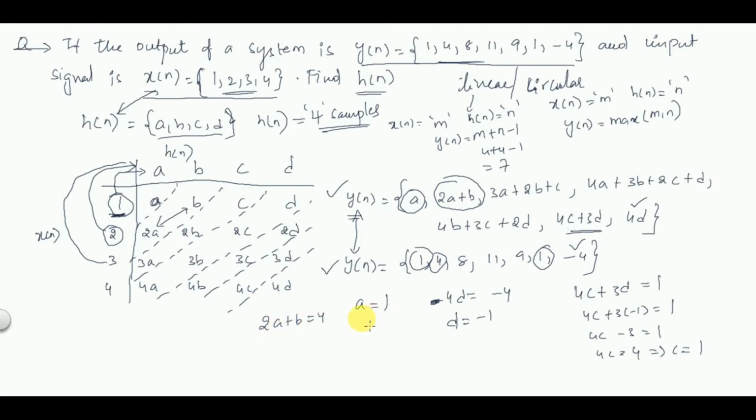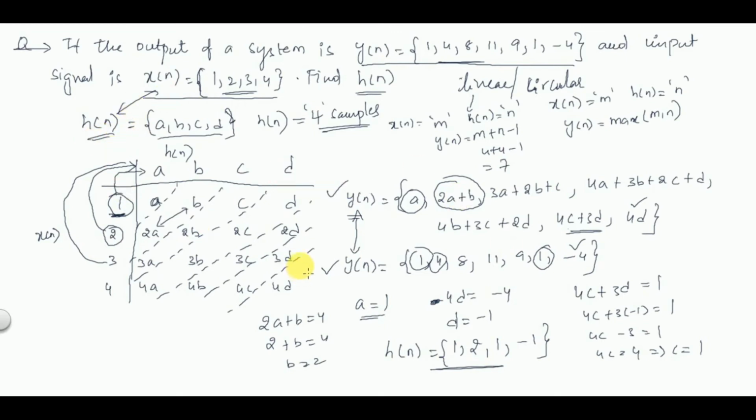We have got the a value as 1, so 2 into 1 is 2, plus b is equal to 4. So the b value is 2. Therefore, h of n is equal to a, b, c, d, where a value is 1, b value is 2, c value is 1, and d value is minus 1.